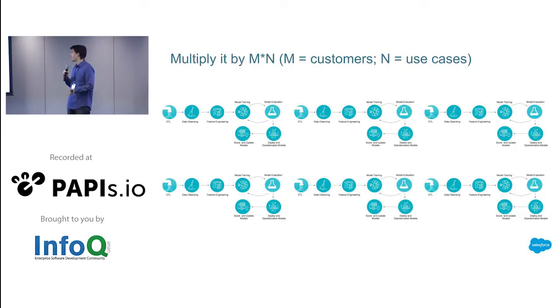They might have marketing use cases, they might have sales lead scoring, they might have case classification, like support ticket case classification type problems that they want to work on. So all of those come from different data sets that that customer has, and so you end up having to do this giant process many, many times for many different customers and many different use cases.